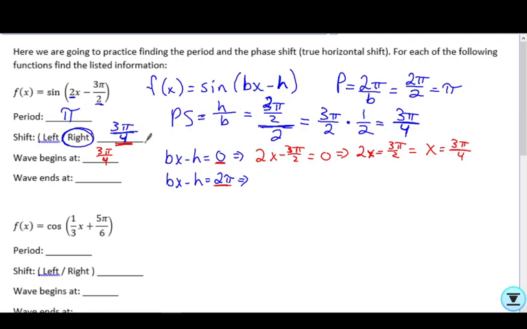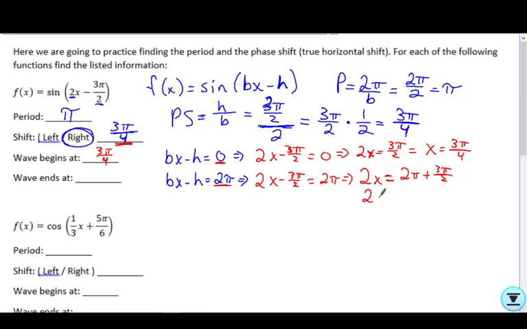Again, we do the same thing. We get 2x minus 3 pi over 2 equals 2 pi. So we add 3 pi over 2 to both sides. We get 2x equals 2 pi plus 3 pi over 2.